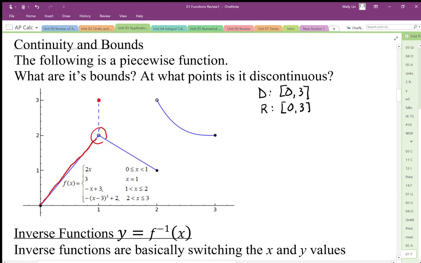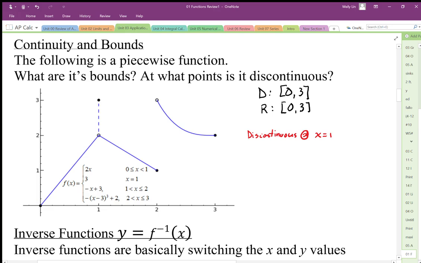Anytime I have to lift my pen up to draw the function, we have a discontinuity. So this is discontinuous at x equals 1, and this is what we call a removable discontinuity. It's a hole in the graph.